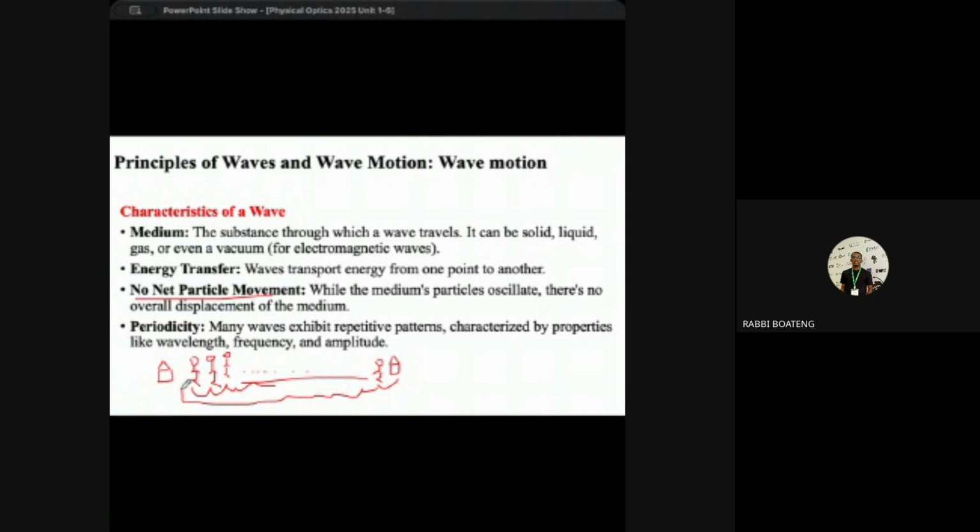And another thing is there should be a level of periodicity. So you saw how the ripple was behaving when a stone was dropped on a pond. The ripple was behaving like this. Is that okay? It is something like this. We call it a repetitive pattern. Is that okay? So you see the same pattern is happening.